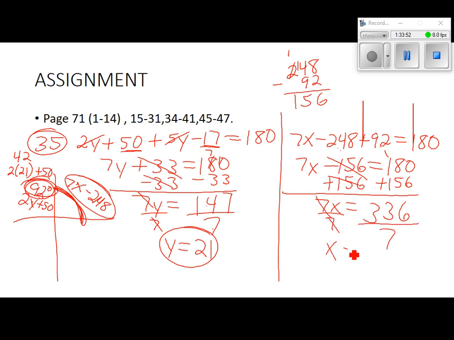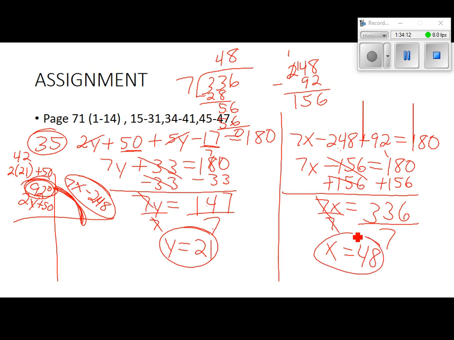You might want to grab your calculator. I'm going to do it out longhand up here. 336 divided by 7. 4 times 7 is 28. Subtract there. 7 times 8 gives us 56. Comes out even, so x equals 48.